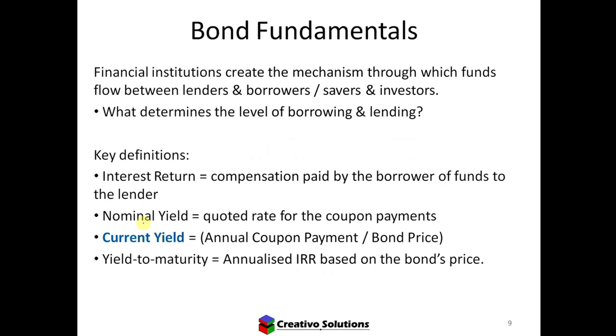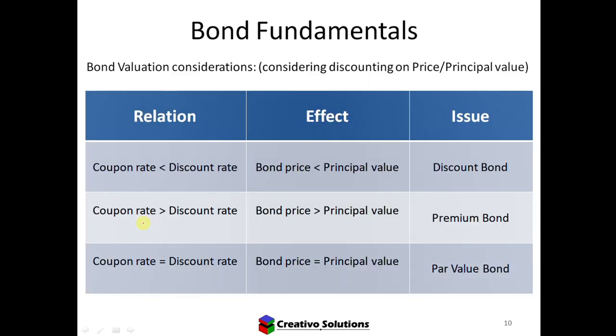So obviously some sort of return is important to measure how popular or how in demand this particular investment asset class is. Nominal yield also, what is the quoted rate of return for the coupons? The current yield, what are we going to be getting compared to the bond price? And then obviously the yield to maturity is looking at the annualized IRR based on the bond's price. So lots of time value of money to consider.